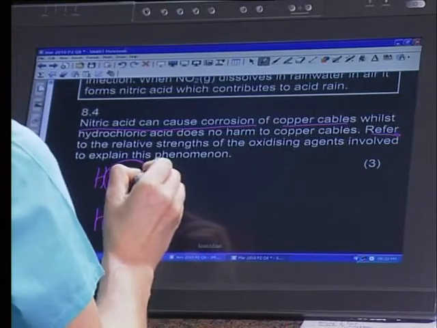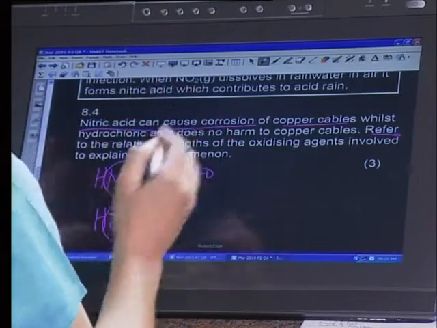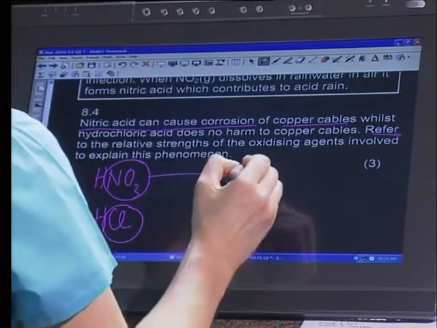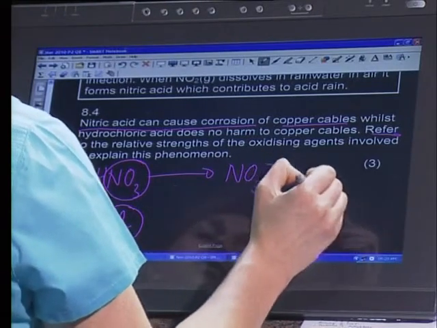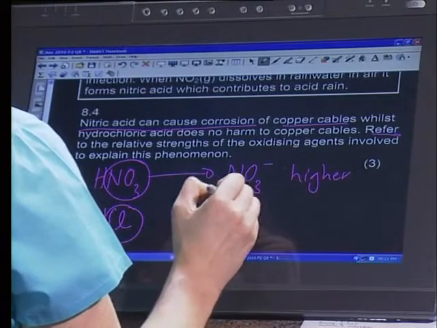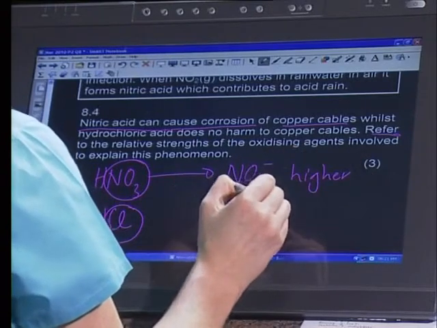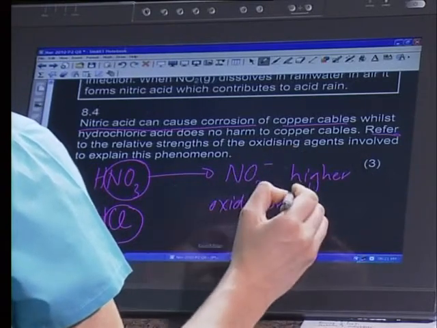Yeah. So what we're looking at over here is that the NO3, for your answer over here, is going to have a higher oxidation ability.